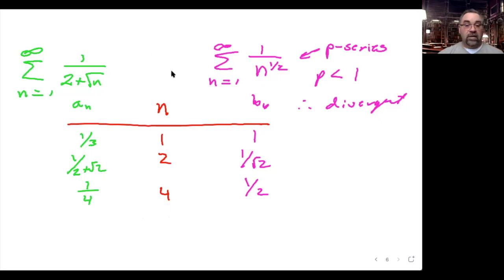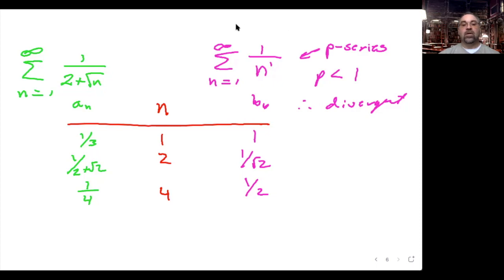So obviously in this case, b sub n is always going to be greater than a sub n, excuse me. And because b sub n is divergent, it doesn't tell us anything. So that comparison is going to fail. But compare to this.